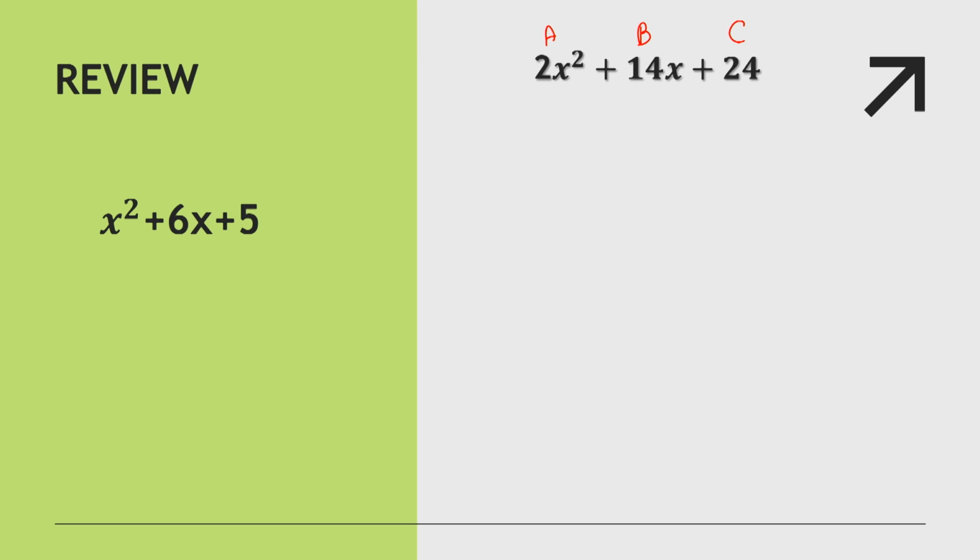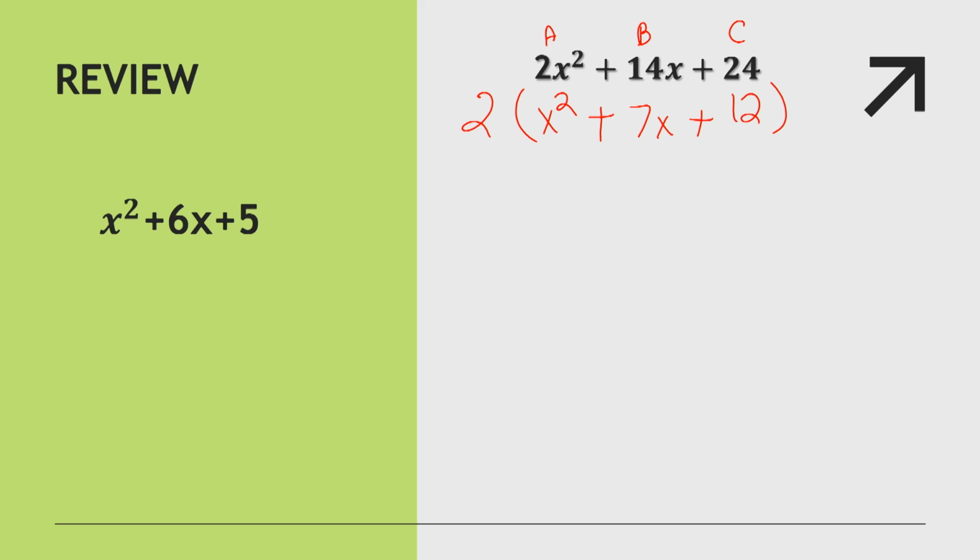Well, all of these numbers are even, so I know that 2 can be divided into all of them. I'm going to pull my 2 out and write what's left. 2 divided by 2 is 1, so I have x squared. 14 divided by 2 is 7. And then 24 divided by 2 is 12.